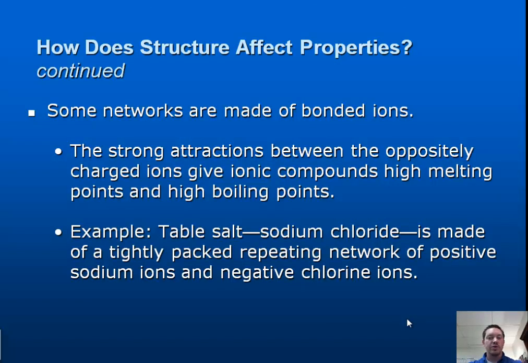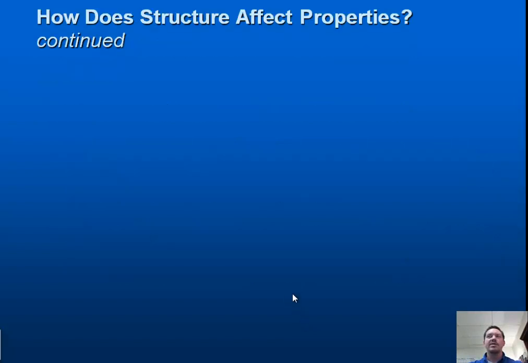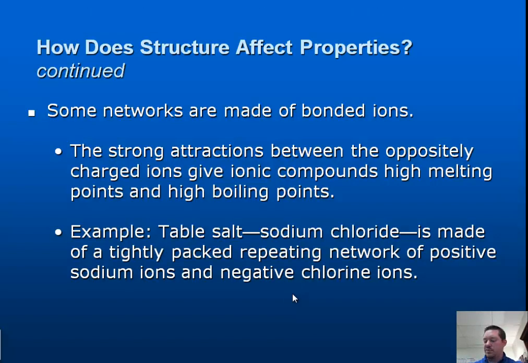I thought I had a visual, but we've got these positive ions and negative ions that are tightly packed together, which forms kind of a network. So we can get this crystal structure. Say we've got a cube of salt here.